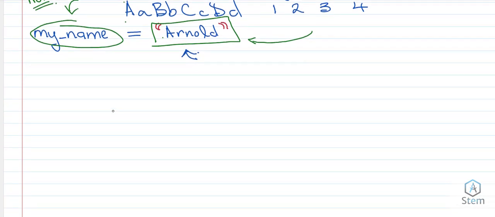Let's move on to the next data type. And that data type is the character. A character is just one character. If you look at my name, well, I think I like my name very much. Let me write it here.